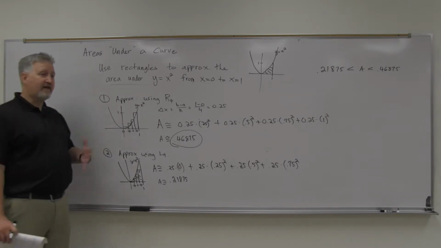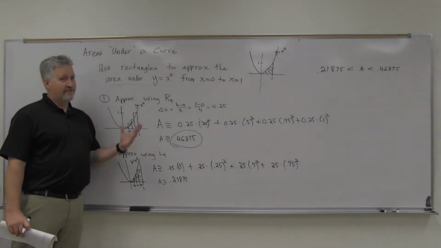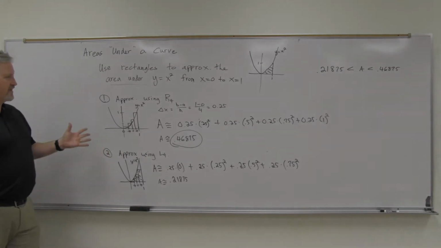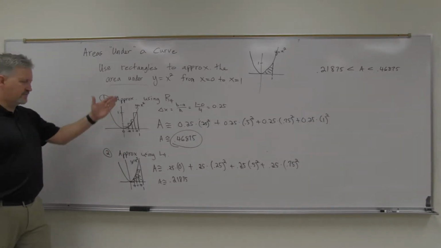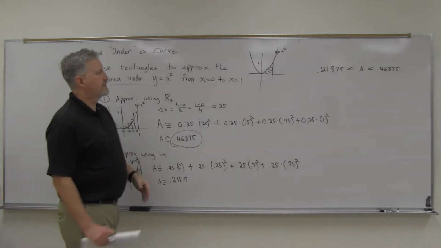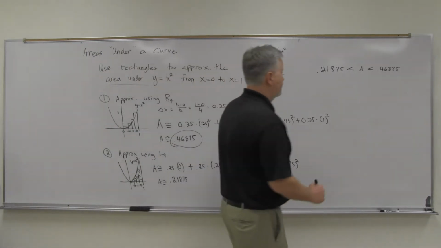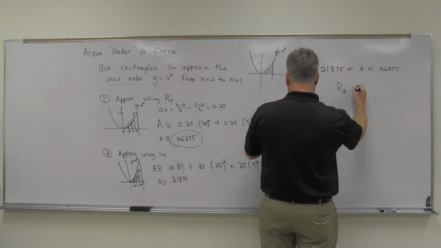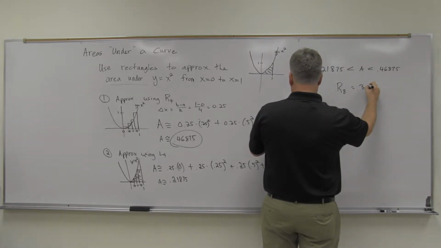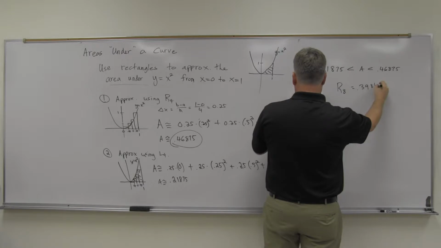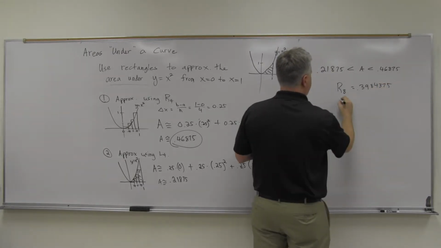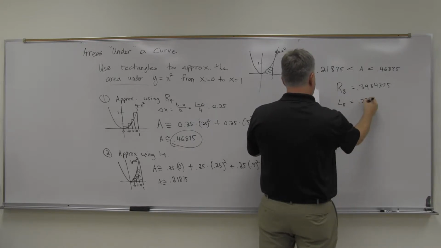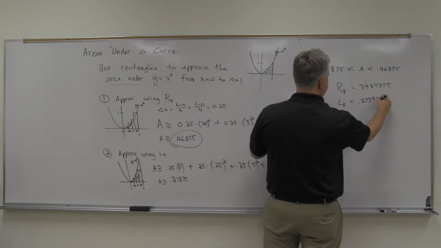Now, like I was saying before, more rectangles is better, right? If I doubled the number of rectangles or subintervals to 8, it turns out R8 is 0.398435, and L8 for this same area is 0.2734375.